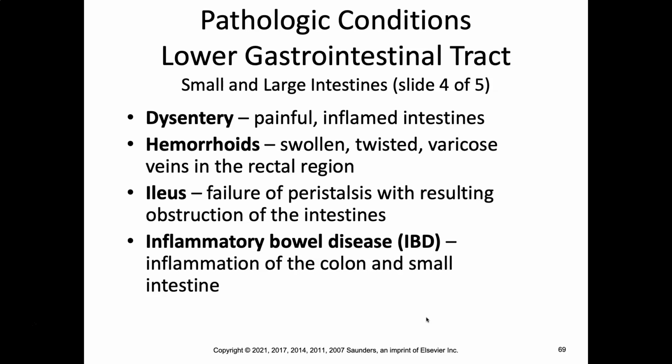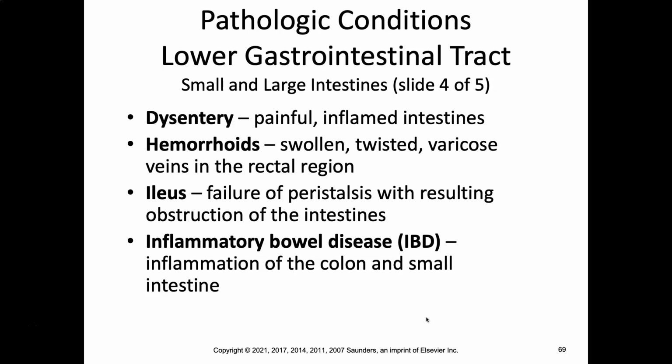Hemorrhoids. Those are where you have swollen, twisted, or varicose veins in the rectal region. And those are usually pretty benign, but if they get bad enough, they often need to be banded or have surgery for removal. Ileus is a failure of peristalsis where you end up with an obstruction of the intestine.